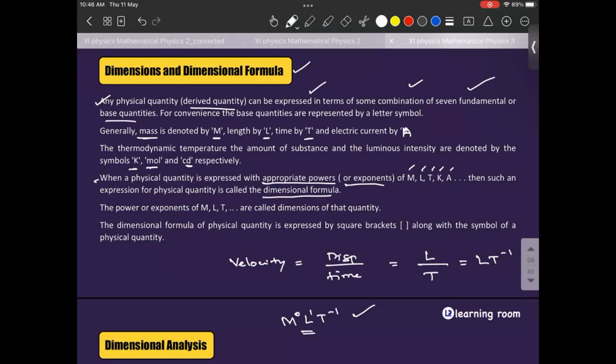M0 L1 T minus 1 is a dimensional formula. And the power that you add to the individual quantities participating in the dimensional formula, the powers or exponents of M, L, T, are called the dimensions of that quantity.